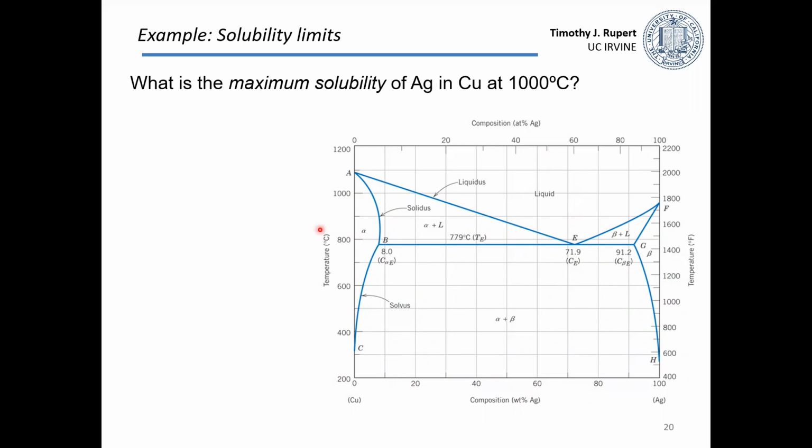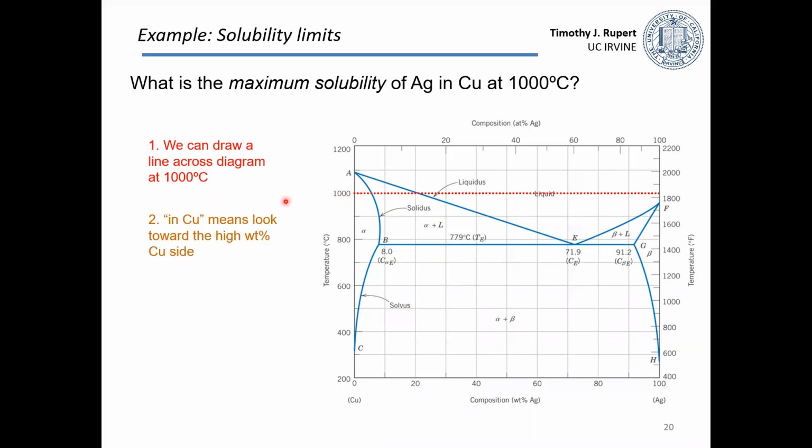But we can still do a lot of the same things. So we could go in and ask, at 1,000 degrees C, what's the maximum solubility of silver in copper? So it's saying in this copper-rich phase, how much silver can I put in? I can draw a line across at 1,000 degrees C. In copper means I'm looking at this high copper percent.